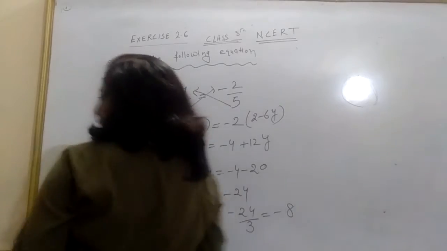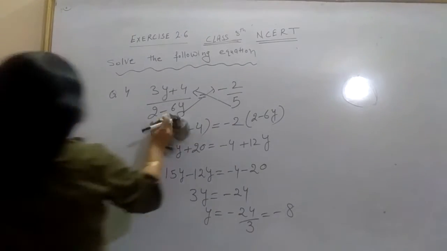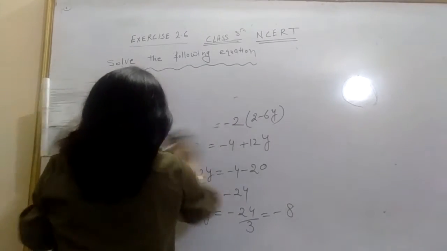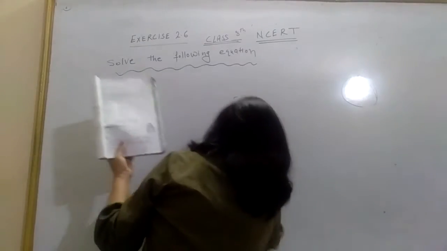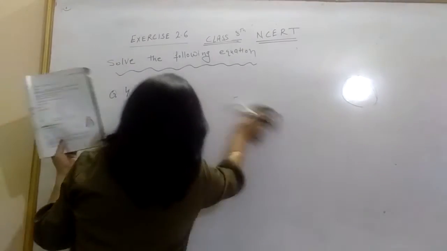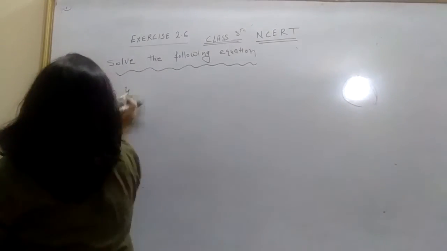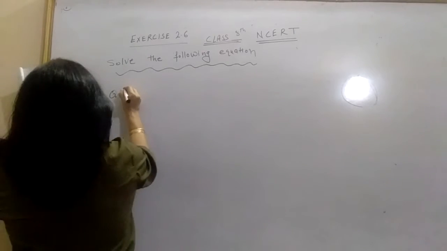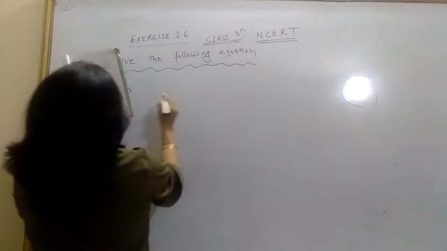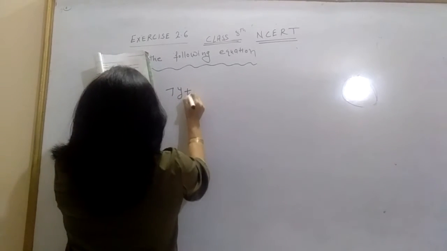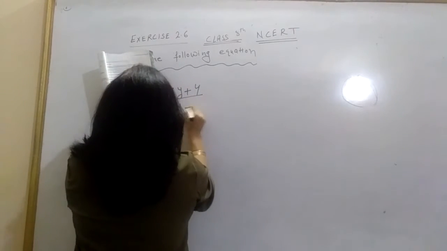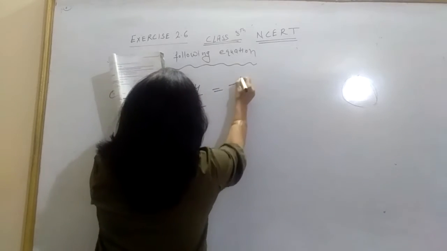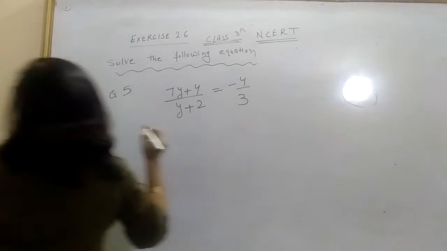Now question number 5. It's (7y plus 4) upon (y plus 2) is equal to minus 4 upon 3.